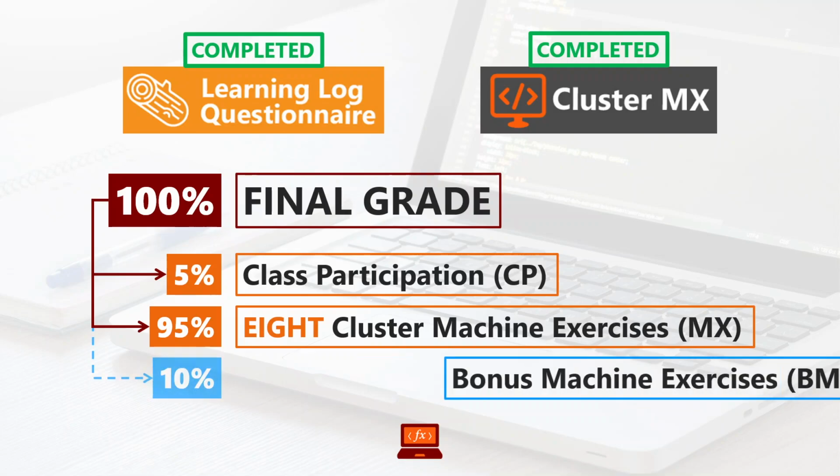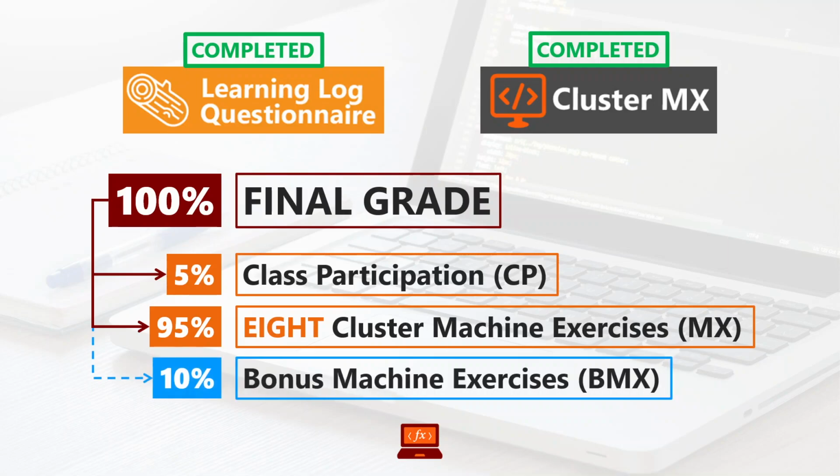And yung bonus MX na na-mention kanina, pwede kang makakuha ng up to 10%. Pero kailangan lahat ng bonus MX may sagot kayo. Okay? Kasi kung wala, 0 lang yun. Okay? Magiging average nung 8 na bonus MXs yung magiging basis ng grade. Okay?